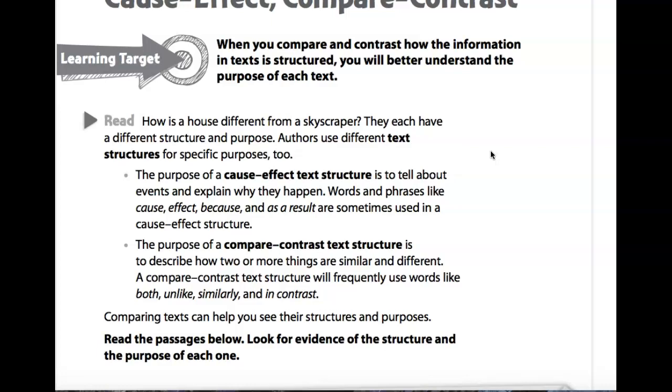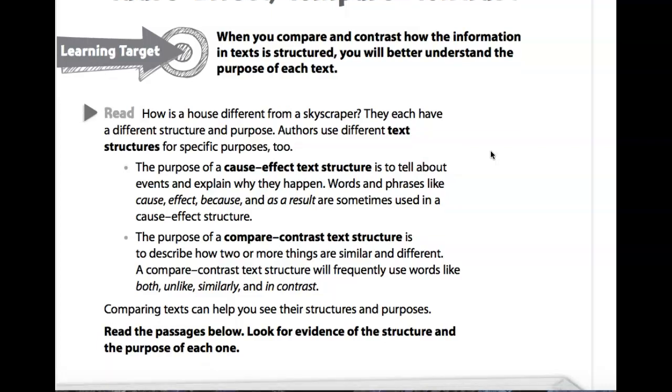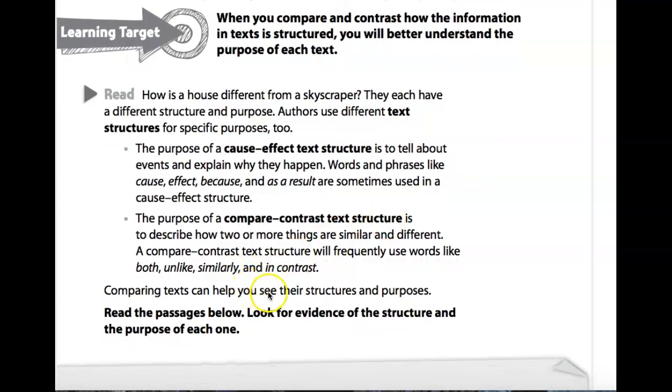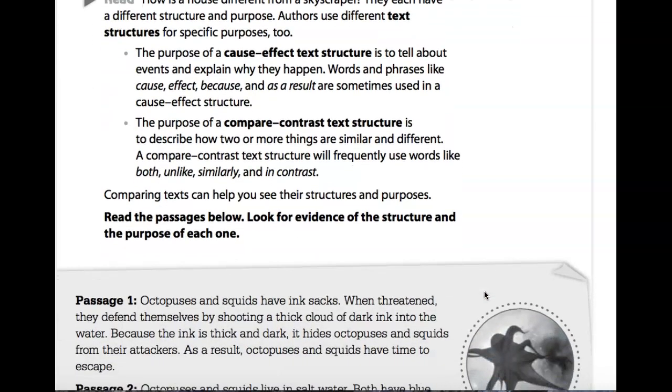A compare-contrast text structure will frequently use words like both, unlike, similarly, and in contrast to. And more of those words are up on page 12. Comparing texts can help you see their structures and purposes. So we're going to read the passages and look for evidence of the structure and the purpose of each one.